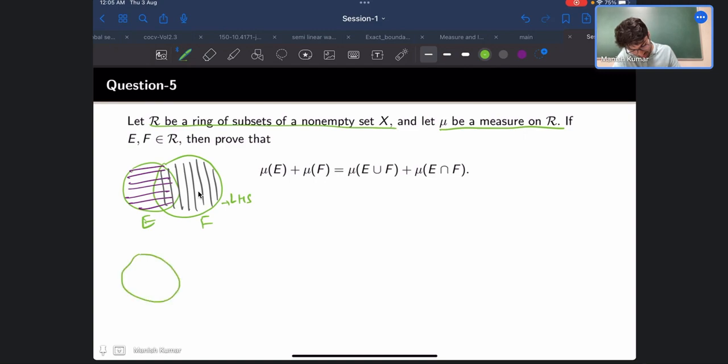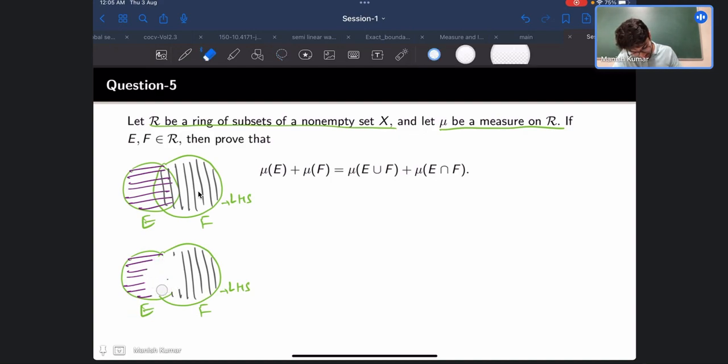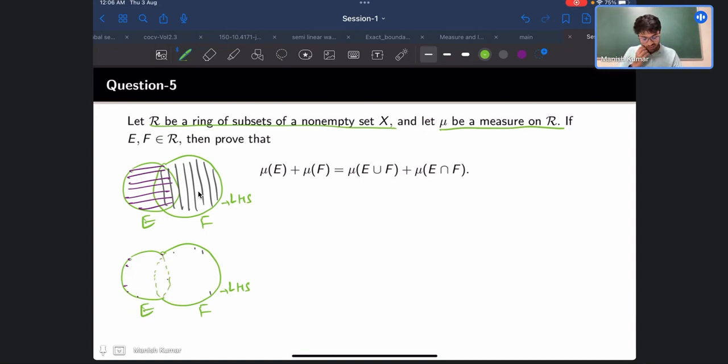The RHS is the measure of E union F. So this is your E union F, right? When we do E union F, this will be considered once. So this is the measure of E union F, and the measure of the intersection would be this part.